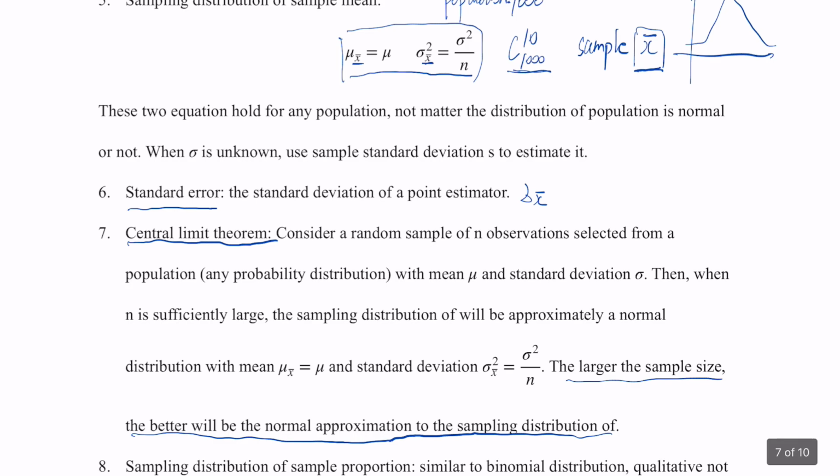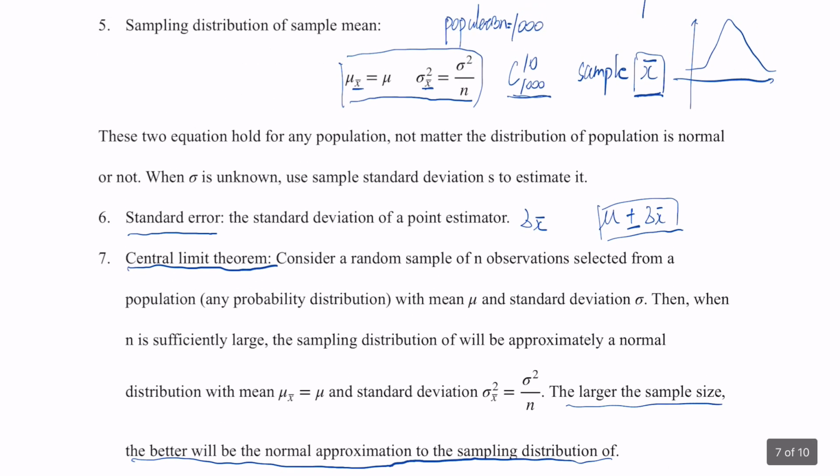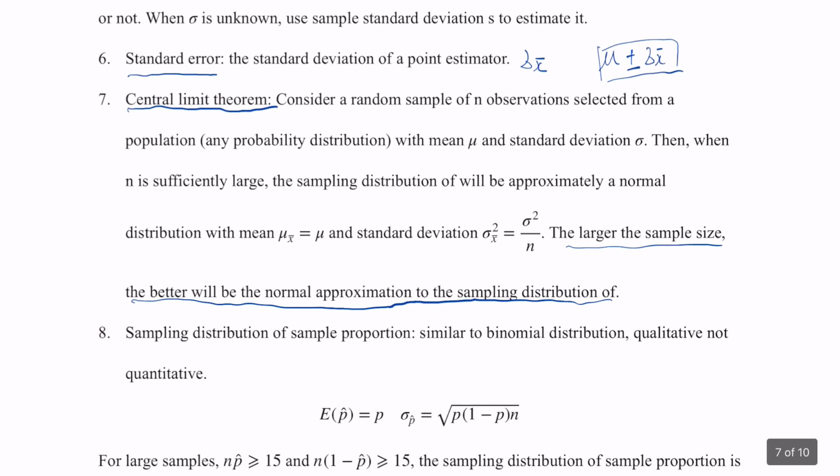You could get somewhere between this. You can think of it as an interval. That's why it's called error, because you are not 100% sure. That's what we talk about in the confidence interval chapter. So that's the sampling distribution of the sample mean.